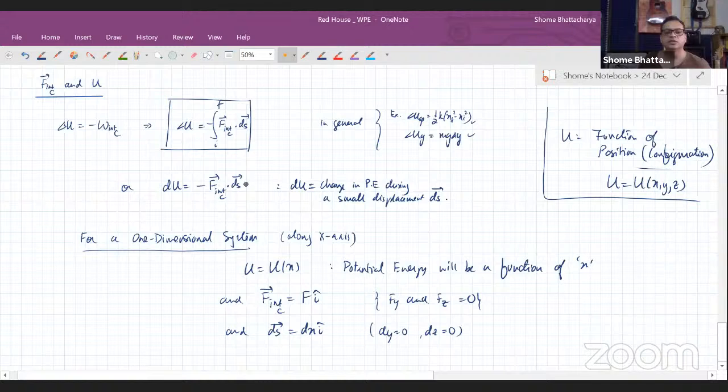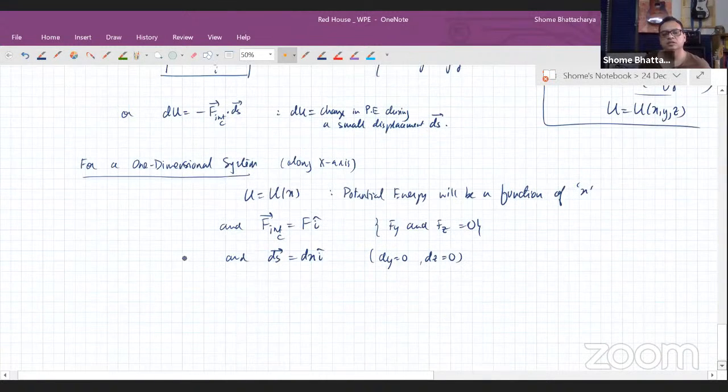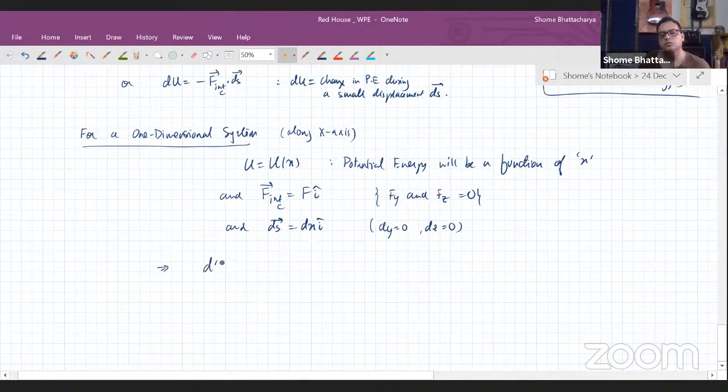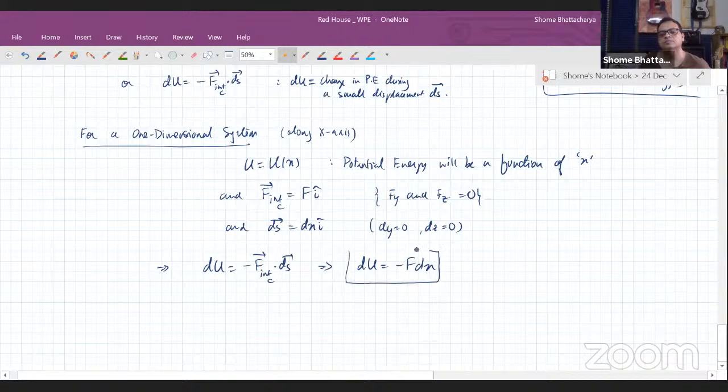So this above equation, when we say dU is minus F internal conservative dot ds, now for a one-dimensional system reduces to minus F dx for a 1D system, where F is the x component of the internal conservative force.